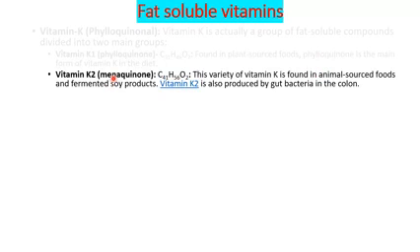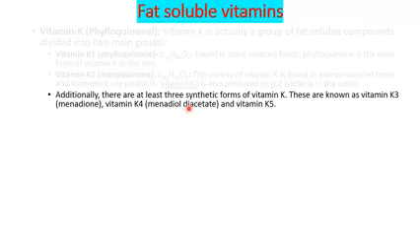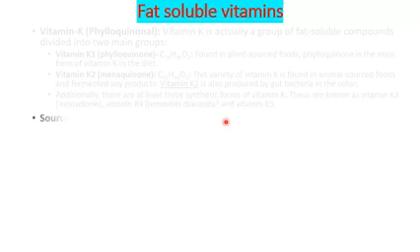Vitamin K2 is menaquinone, and its formula is C41H46O2. This variety of vitamin K is found in animal sourced foods and fermented soya products. Vitamin K2 is also produced by gut bacteria in the colon. There are additionally 3 synthetic forms of vitamin K: K3, K4 and K5.